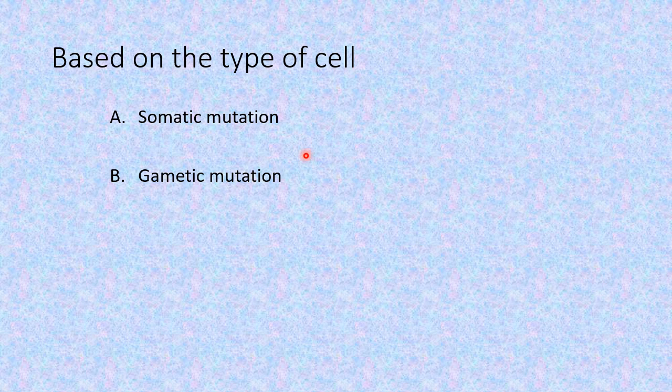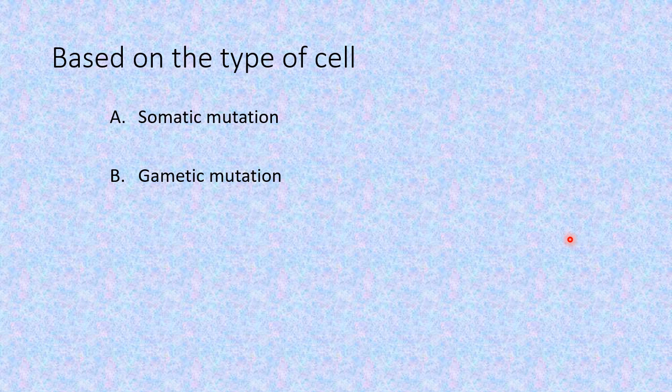While if these mutations take place at the time of gamete formation in the germ cells, they will be carried over to the next generation, because we know that it is these germ cells which fertilize and start the next generation.